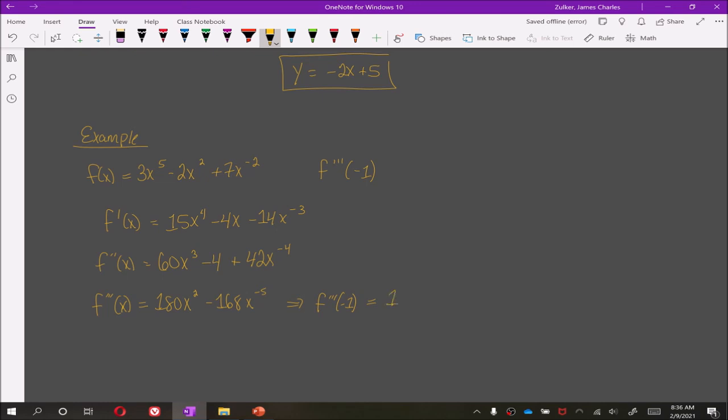We have 180 plus 168. And we find that f triple prime of negative 1 is 348. Alright, so that concludes this video. In the next video, we will introduce 2 more rules, the product rule and the quotient rule.